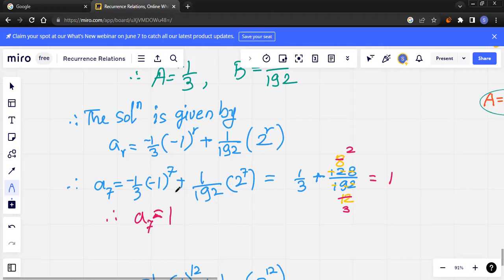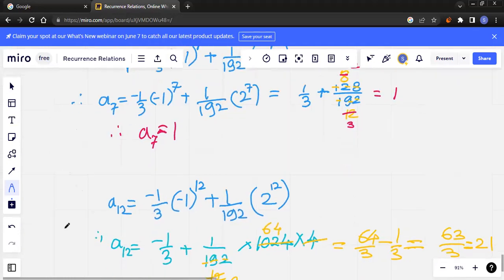So this is odd power of minus, so minus into minus makes it plus 1/3. Plus 2 raised to 7 means 128 upon 192. Carry out the division. You'll get it to be 1/3 plus 2/3, meaning 3 by 3 is 1. So a_7 is 1.